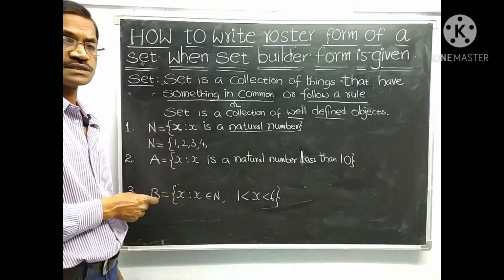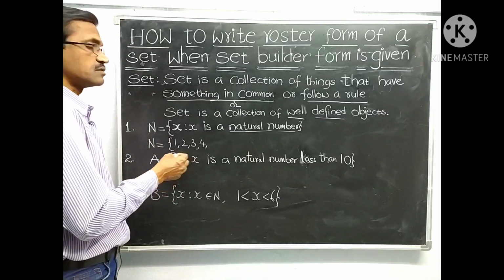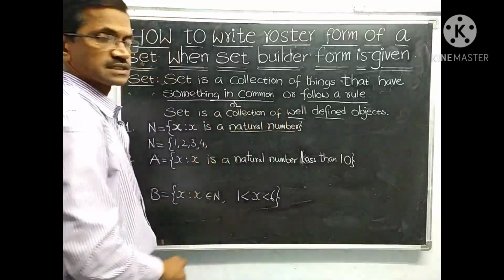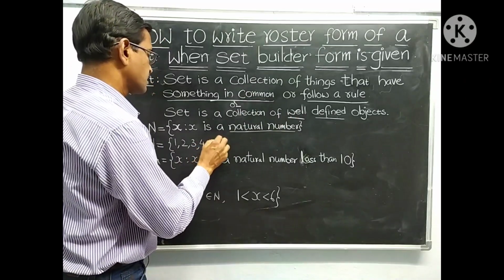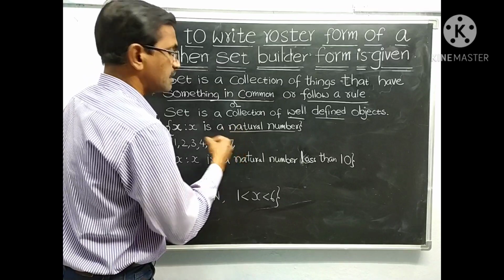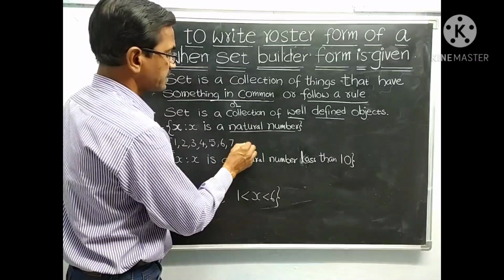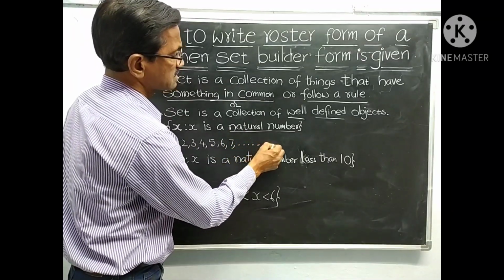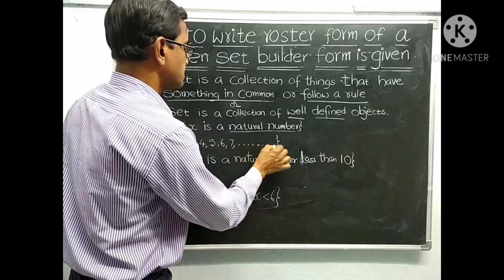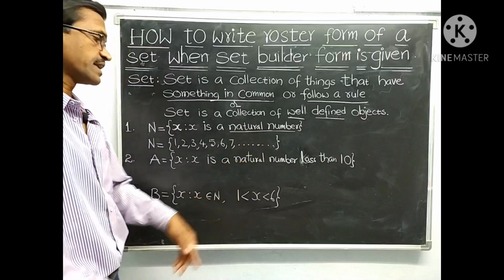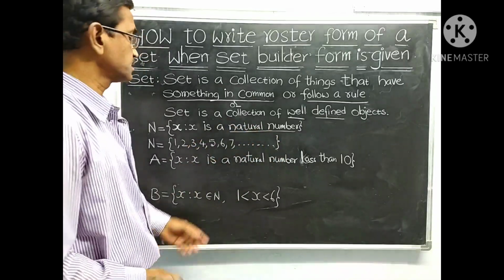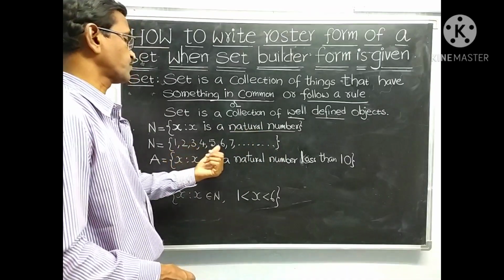How many natural numbers are there? We cannot count. This is an infinite set. We would have to write all the elements, but we cannot, so we represent it with dots. The dots mean it is an infinite set, so many elements are there that we cannot write the last element. That's why we can write 1, 2, 3, 4, 5, 6, 7, and so on.